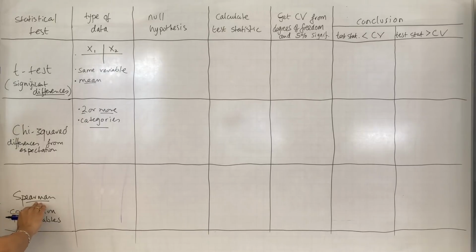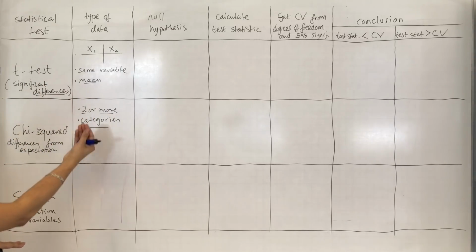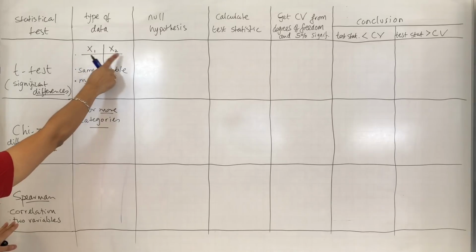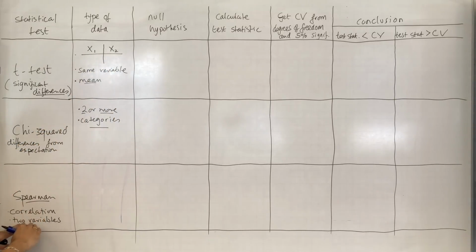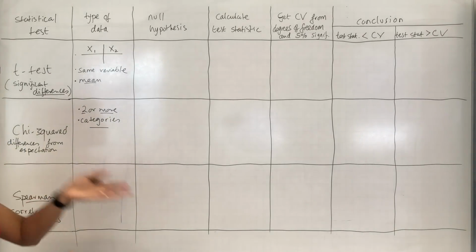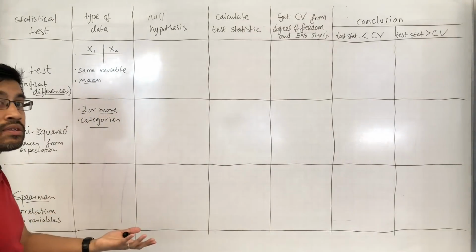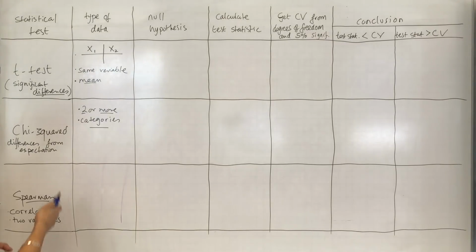With the Spearman rank correlation test, you're looking for obviously correlation, but you're going to have two different variables. With the t-test you're looking for difference, not correlation, and you've got the same variable. With Spearman you've got two different variables. So you want to see if height is correlated with weight. You want to see if hair color is related or correlated with intelligence, just for example.